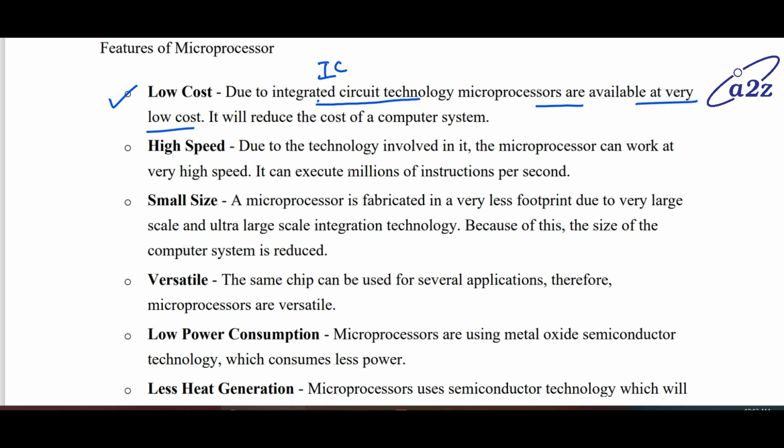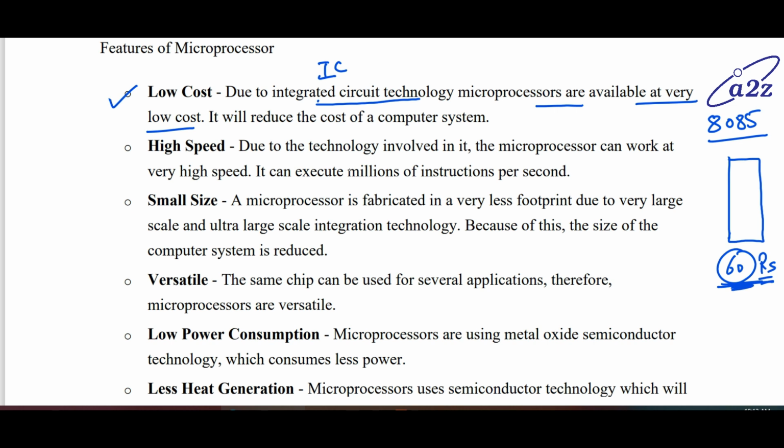If you talk about the 8085 microprocessor, only the processor, it is an IC like this, and it will cost around 60 rupees. So you can have this microprocessor at very low cost.